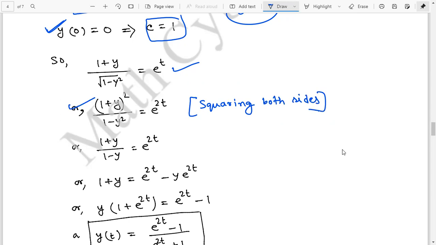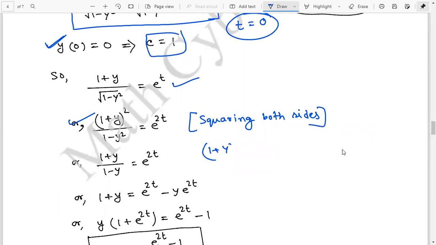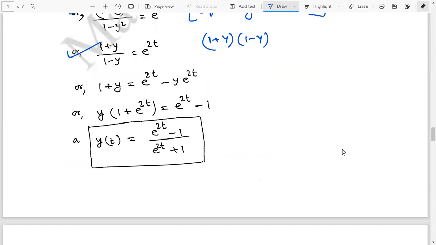Then we get this form, and 1 minus y squared equals (1 plus y) into (1 minus y), and simplifying this we get y into (1 plus y) equals e to the power 2t minus y e to the power 2t, so y into (1 plus e to the power 2t) equals this, and y(t) equals (e to the power 2t minus 1) by (e to the power 2t plus 1).